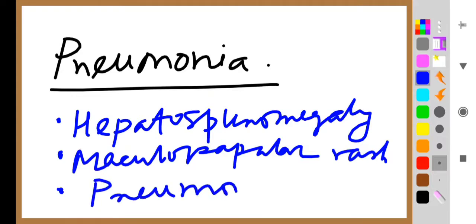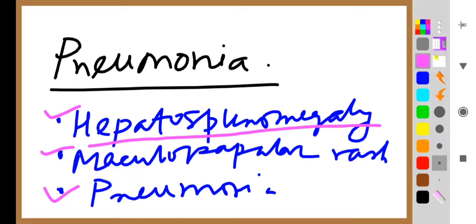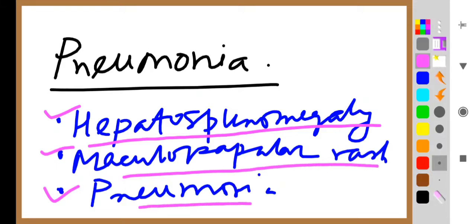So these are the three important characteristics you can get in congenital syphilis. If there is a baby with large liver and spleen, and you can see the skin rash and you can see pneumonia, then you can find out that this baby is suffering from congenital syphilis.